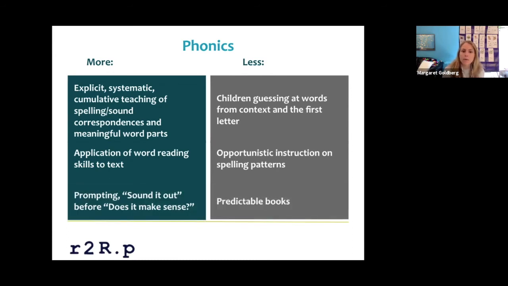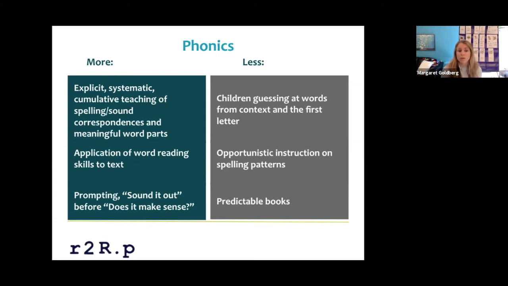We want way more in the way of prompting sound it out before asking a child, does it make sense? So if we're asking students to shift from guessing based on context or sentence structure or pictures, we need to direct their attention to the words on the page. They need to actually arrive at a pronunciation of the word prior to us saying, does it make sense?